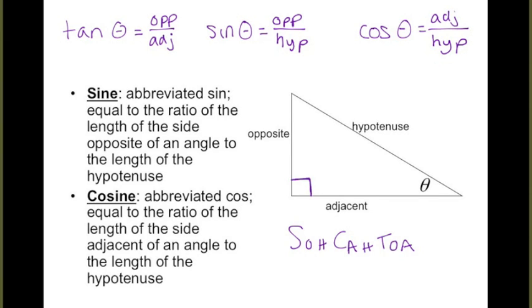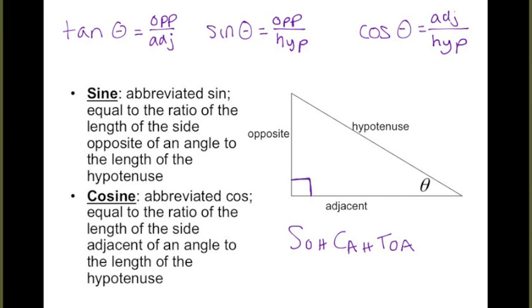C, cosine, AH, adjacent over hypotenuse. T, tangent, OA, opposite over adjacent. This is really helpful in remembering what those three fractions are if you can spell it. If you can't spell it, it will not help you because everything is in the spelling of this word.